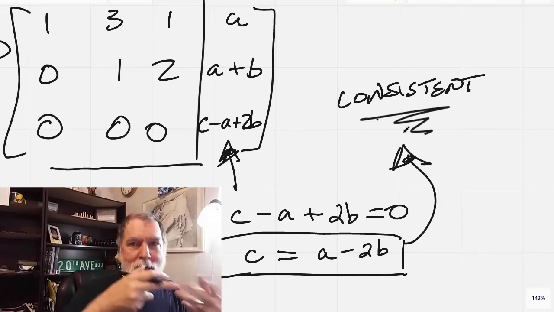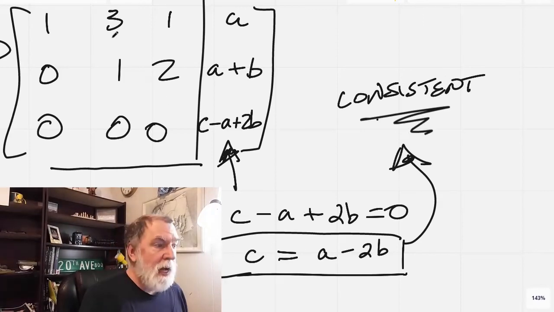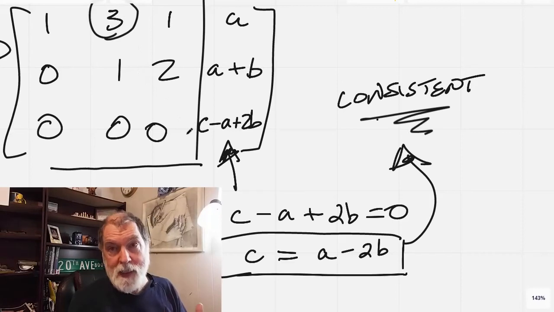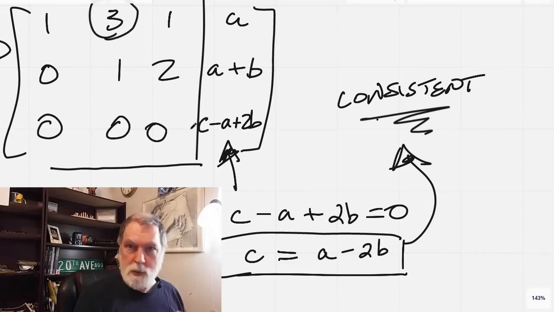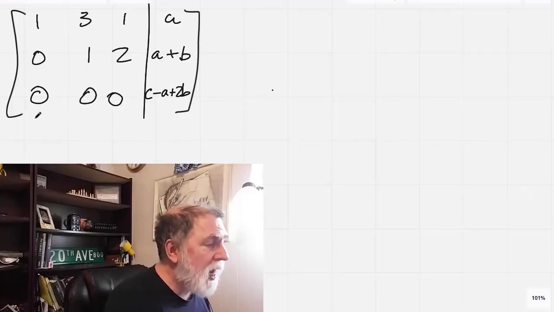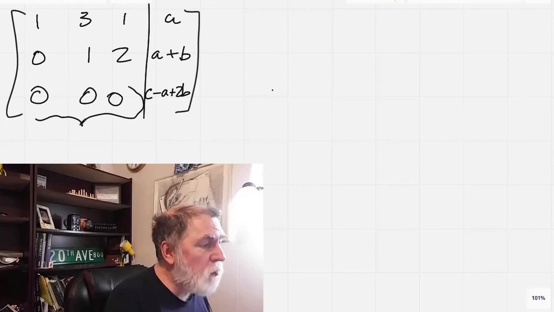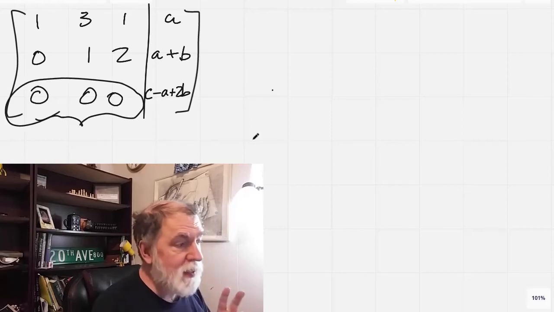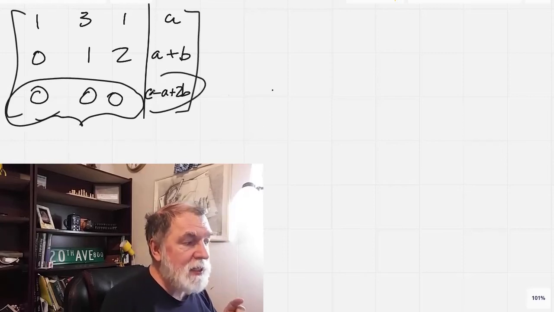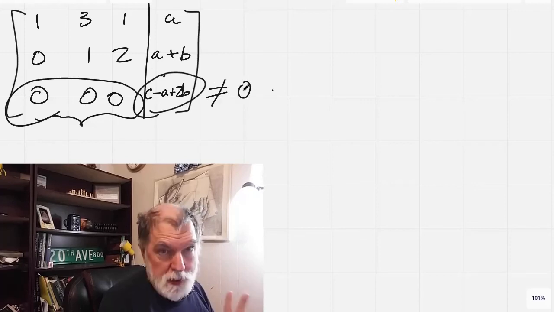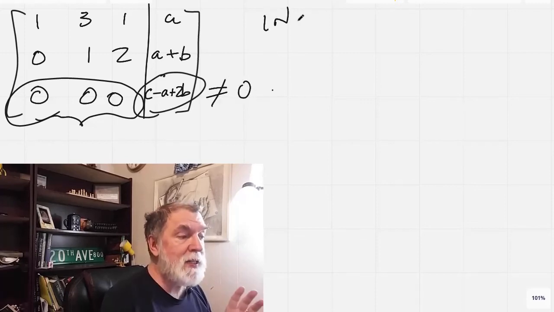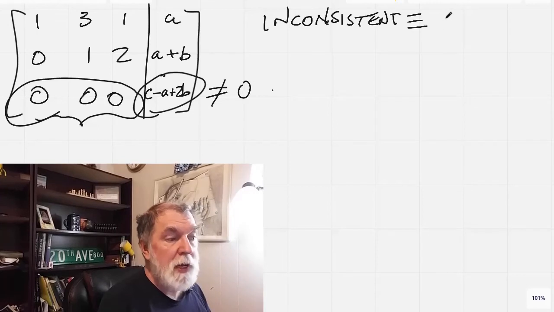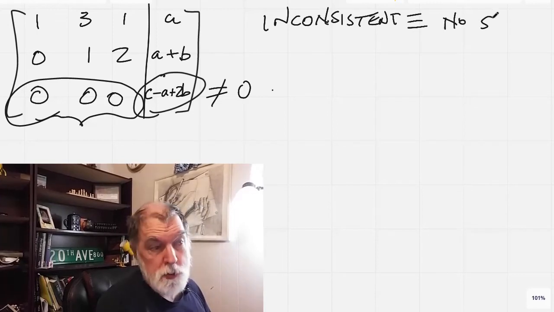The textbook continues by converting this to a 0 and solving the whole system of equations, and you can try that if you like. In summary, if this entire bottom row is 0 and this is something other than 0, then the system is inconsistent, which means no solutions.